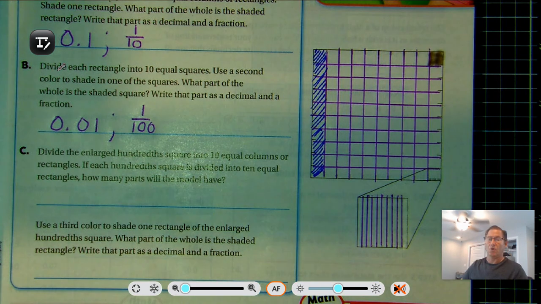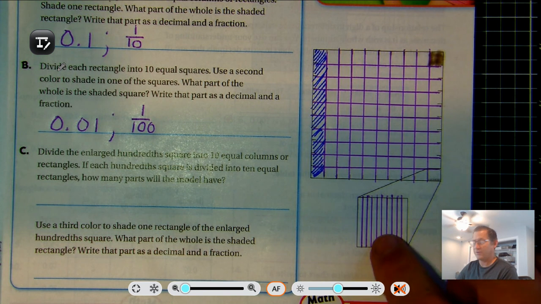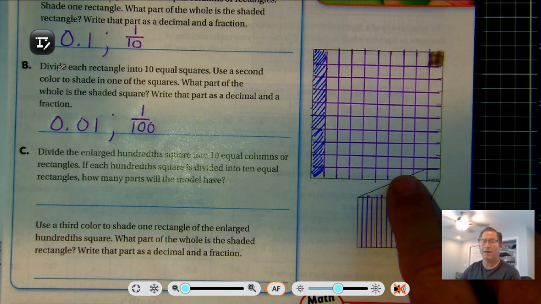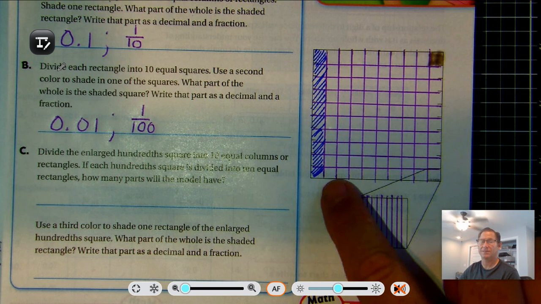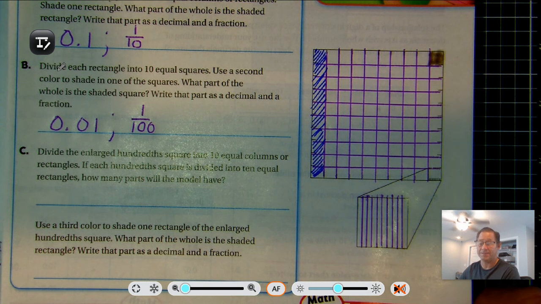Okay, so now if we were to do that for every single one of the 100 squares, it would be 100 times 10, right?